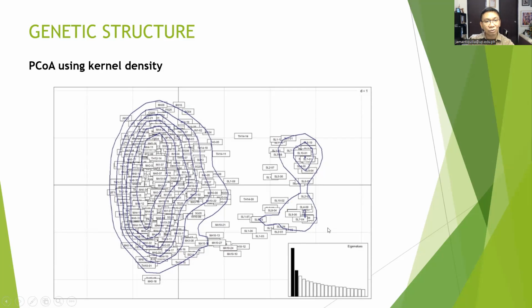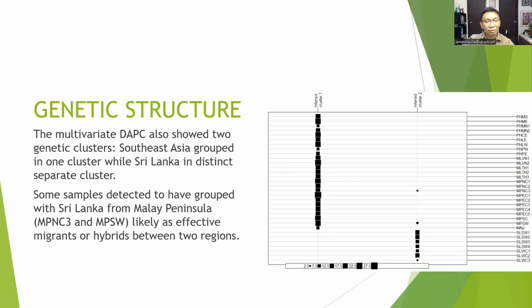This pattern was also observed using the discriminant analysis of principal components, which also showed two genetic clusters, Southeast Asia grouped in one cluster, while Sri Lanka in a distinct separate cluster.